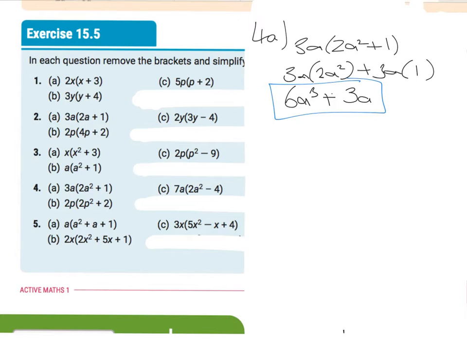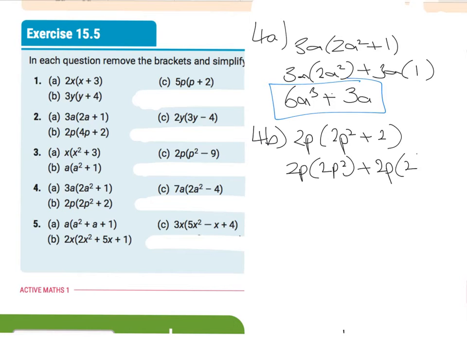For B, we've got 2p and 2p squared plus 2. So 2p has to be multiplied by 2p squared, and 2p has to be multiplied by 2. We end up getting 4p cubed plus 4p.